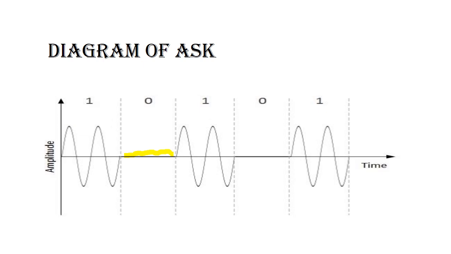So to represent 1, analog signal's amplitude has been held, and to represent 0, signal has not been held. So you can identify in the diagram wherever there is 1, amplitude of the signal is held, and to represent 0, it remains stable. So by the diagram also you can easily understand that.